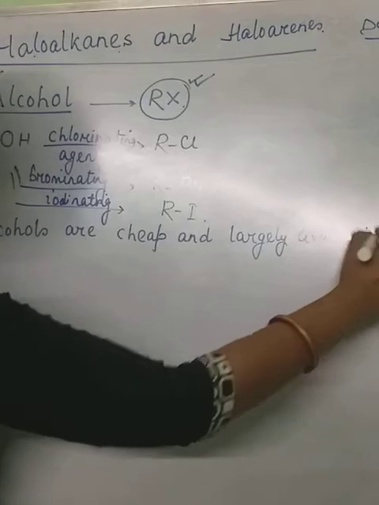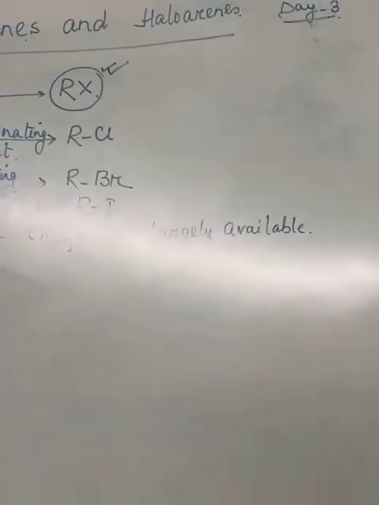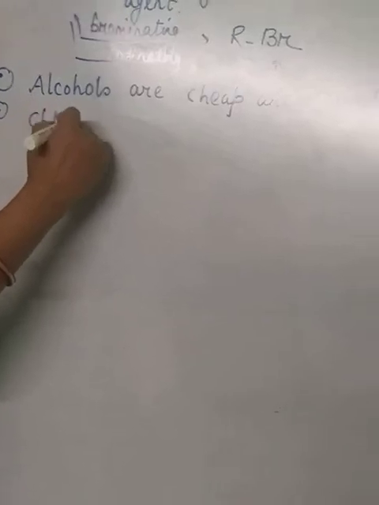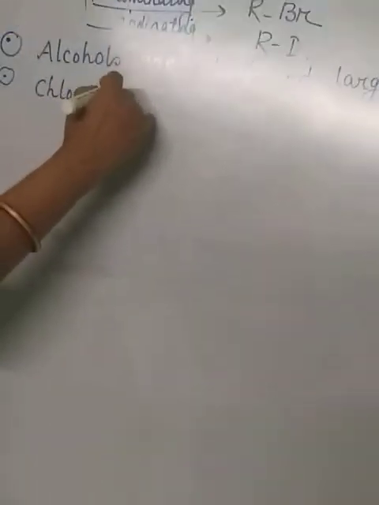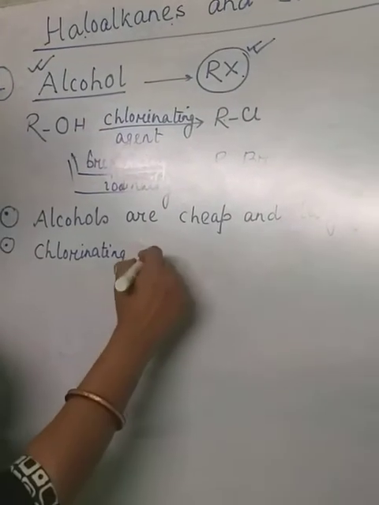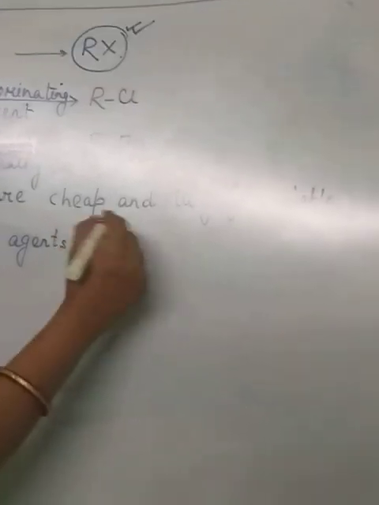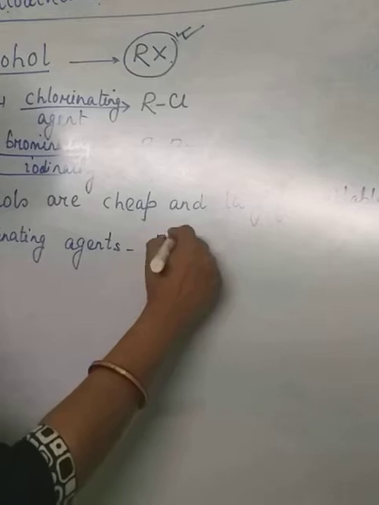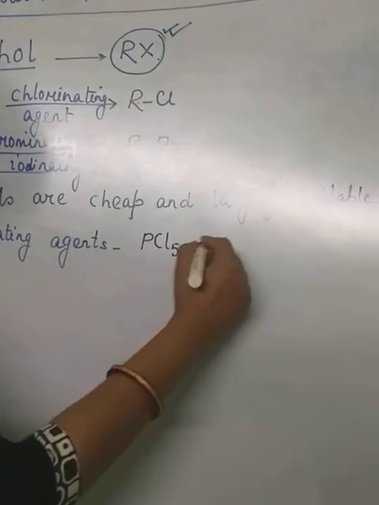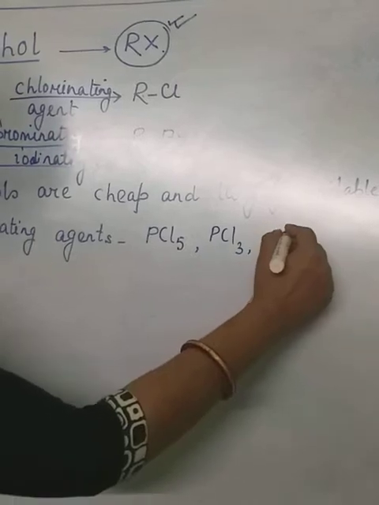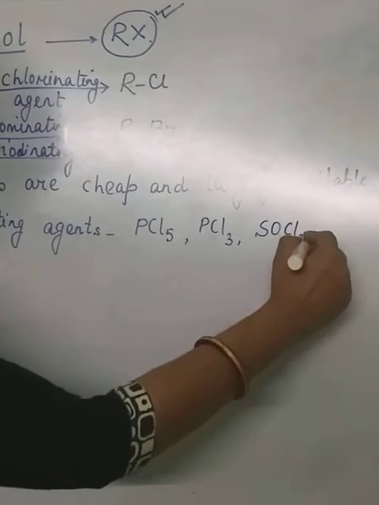Now, the second very important thing is the chlorinating agent, that is, the OH group is to be changed to a chloride group. We have various chlorinating agents like PCl5, PCl3, thionyl chloride SOCl2.